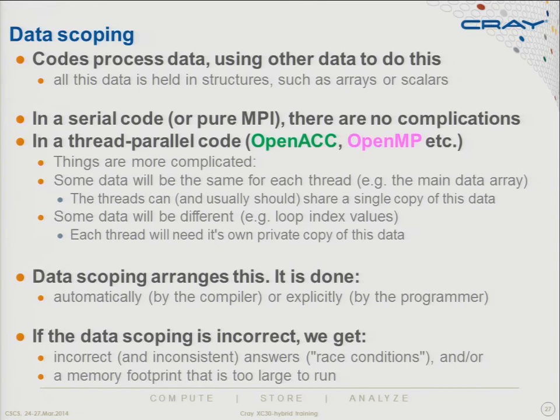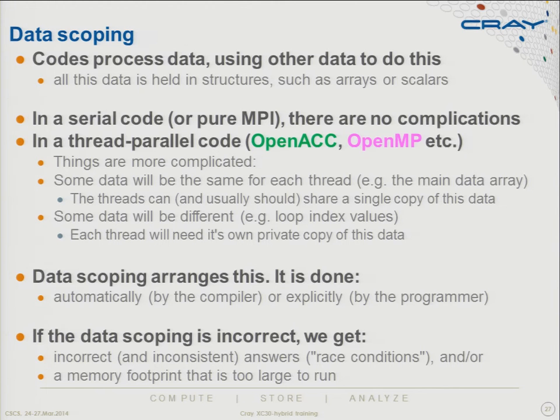So there, the compiler has made all the decisions about what to do with the data. Now, codes process data. In a serial code, there are no complications, but in a parallel code, things are more complicated. Whether you're doing OpenMP or OpenACC, some data is particular to a thread, the loop index, for instance. Other data is shared between all the threads.